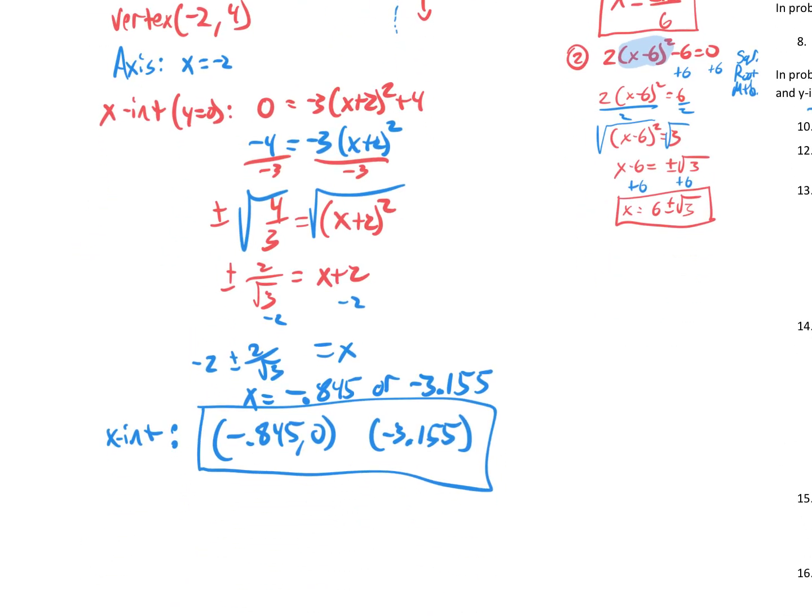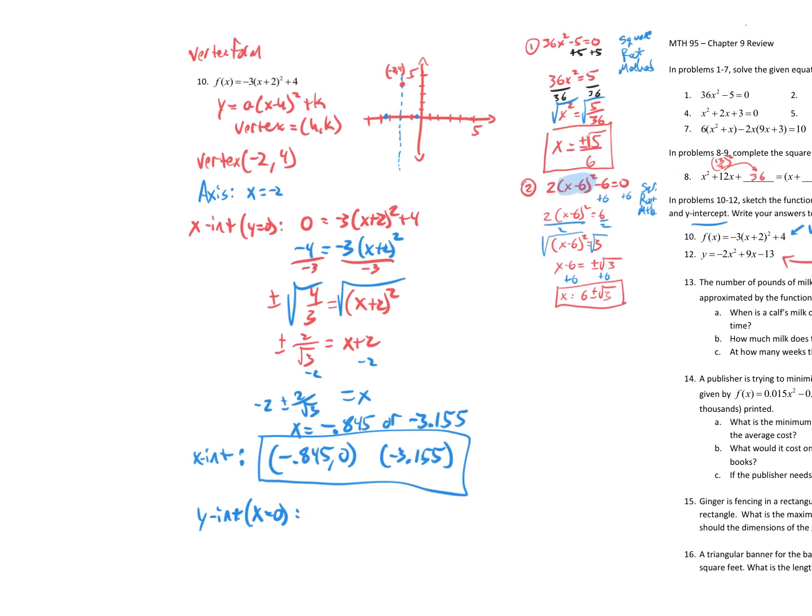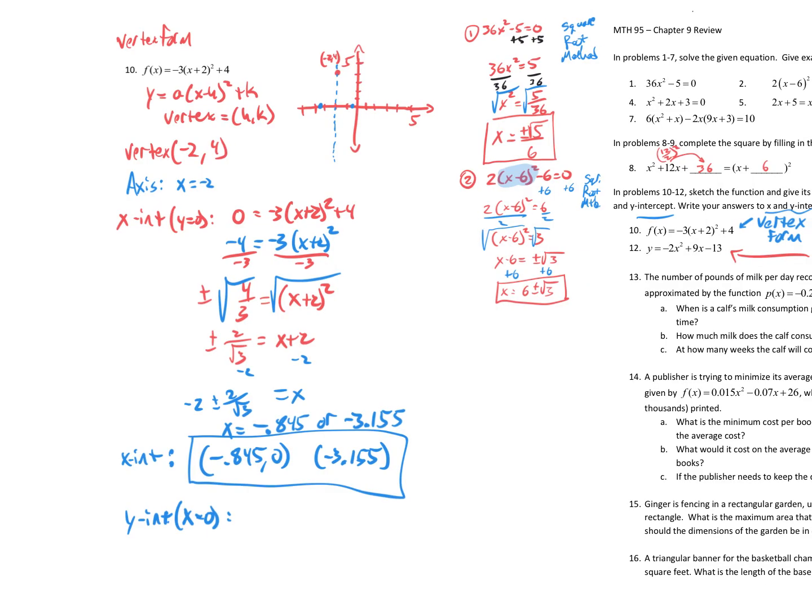All right, so we need a y-intercept. The y-intercept happens when x is 0. So notice they're opposites. So when x is 0, going up to the equation there, we're looking for f of 0, which is -3 times (0 plus 2) squared plus 4.